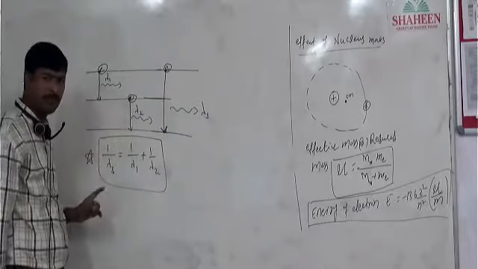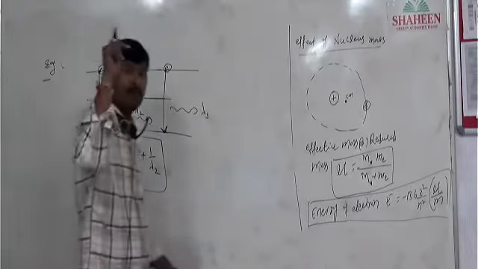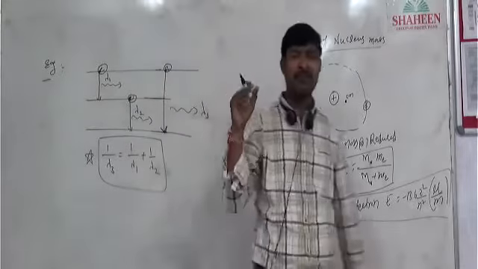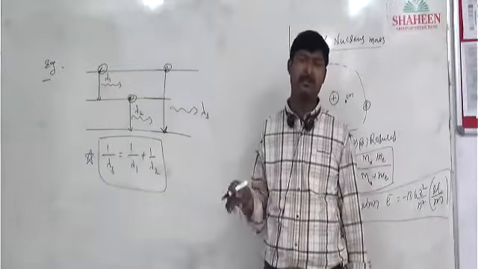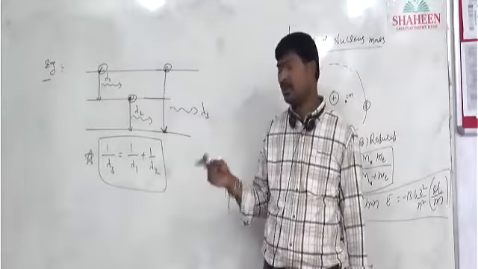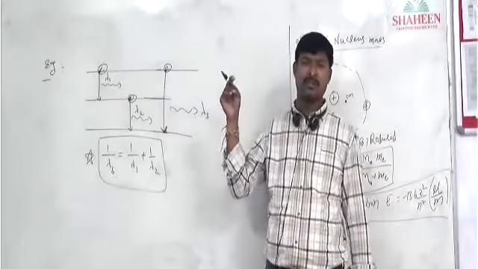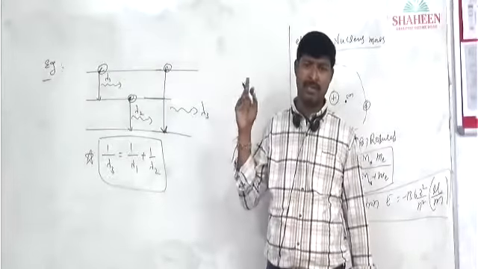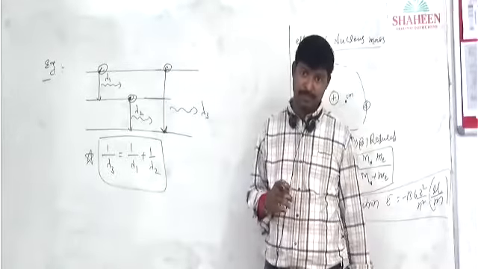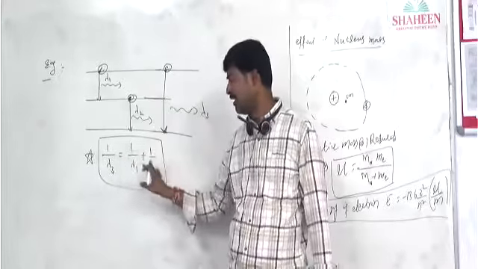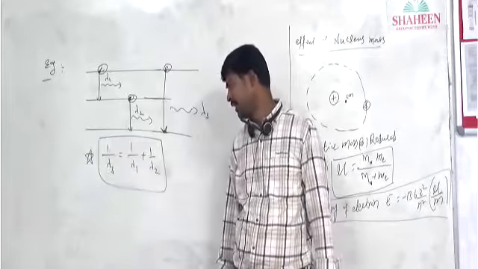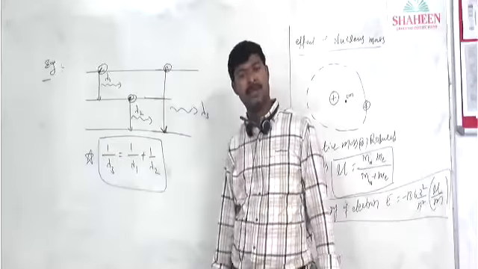Directly addition won't be possible, because we know 1 by lambda is equal to R into 1 by n1 square minus 1 by n2 square. If it is a hydrogen atom, or for another atom, Z square is there. So 1 by lambda equals Z square R into 1 by n1 square minus 1 by n2 square. Based on that, apply this and you will get exactly the relation 1 by lambda 3 is equal to 1 by lambda 1 plus 1 by lambda 2.